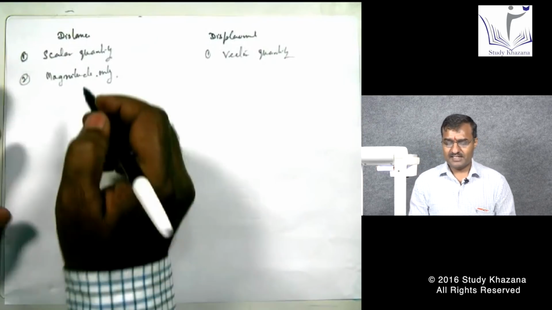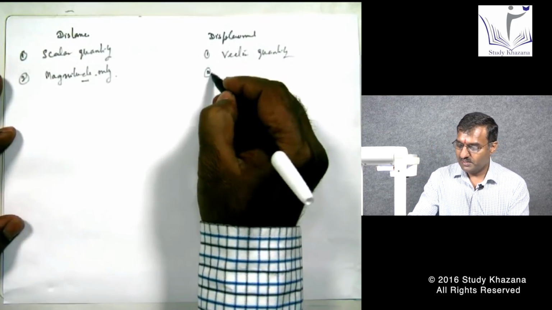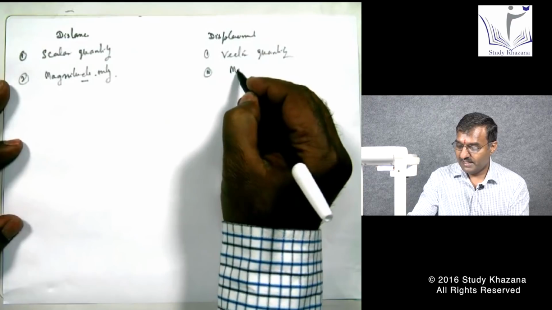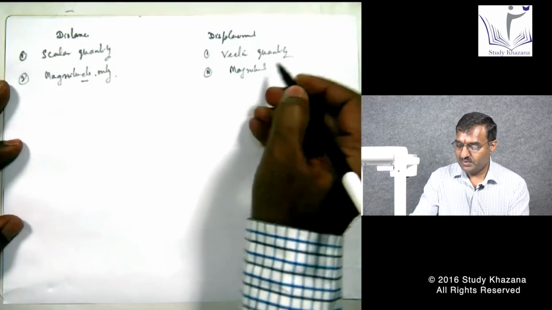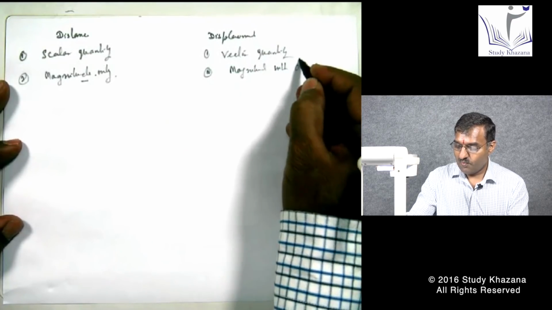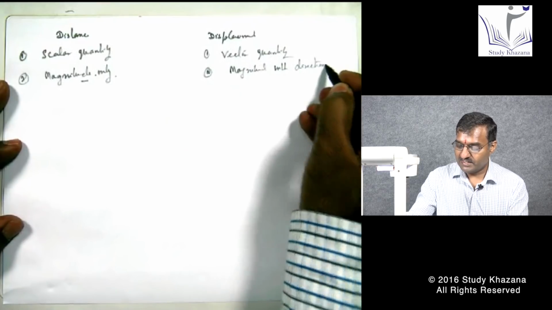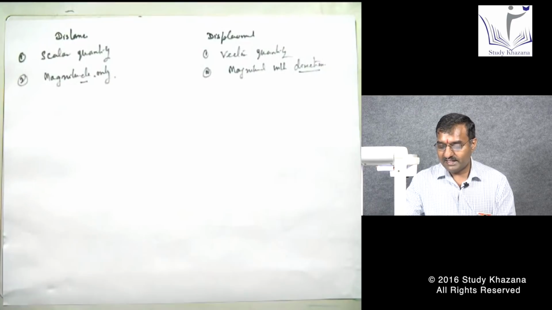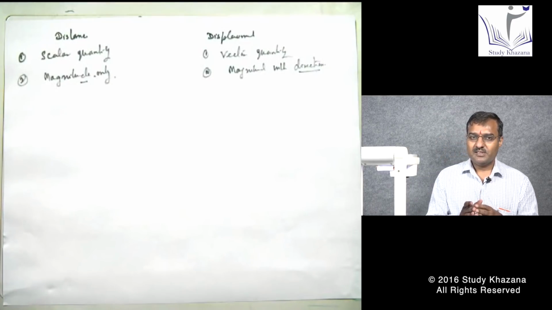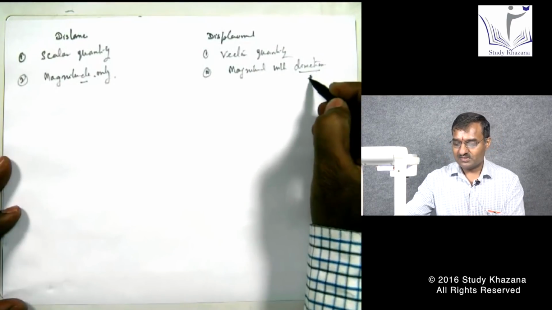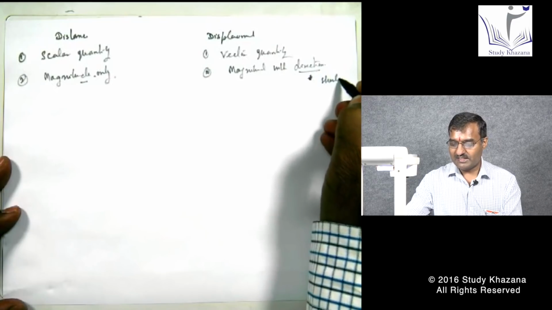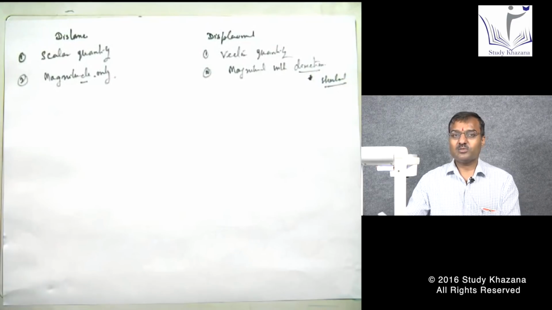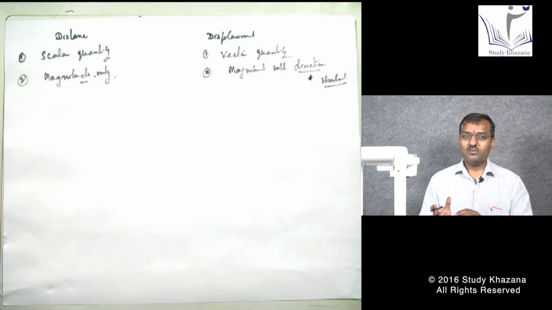When we are measuring the distance, we are considering magnitude only, but in case of displacement, we are considering magnitude with direction. How the direction? Because here we are saying that displacement is the shortest distance, from initial to final.